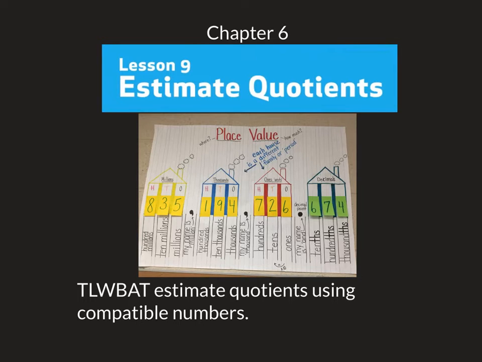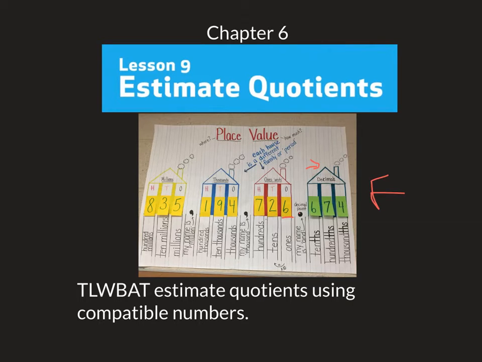I just wanted to throw this little place value chart on here because we practiced going from decimals to word form to expanded form a while ago, and I feel like some of us have kind of forgotten. When we have our decimal point, the first place to the left is the ones. We never really talked about what's to the right of the decimal point before.